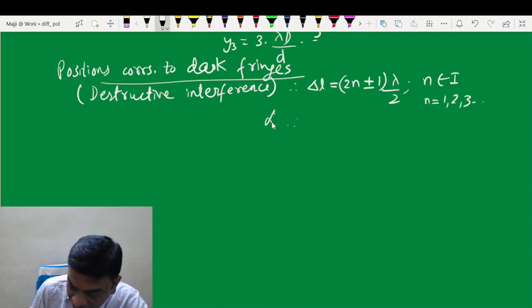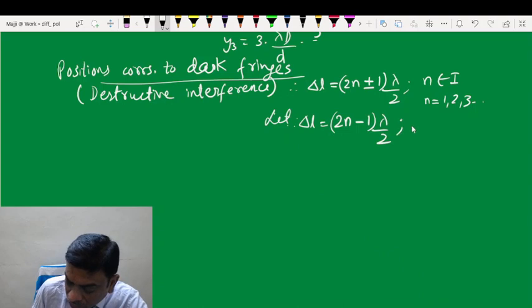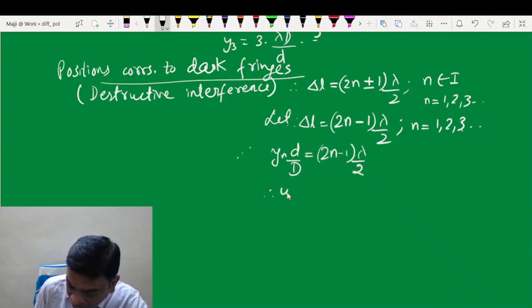So let us take it as 2n minus 1 times lambda by 2. So n will start from 1, 2, 3, etc. If you equate this to yn small d by capital D, then we have the position corresponding to the nth dark fringe is odd number by 2 into lambda capital D by small d.